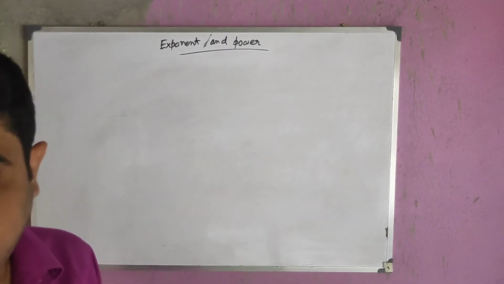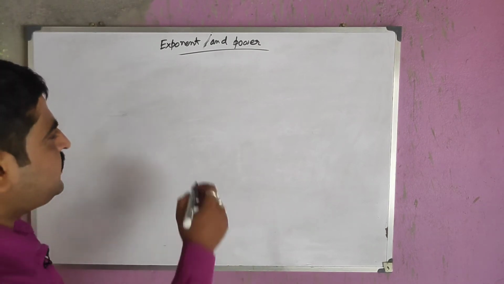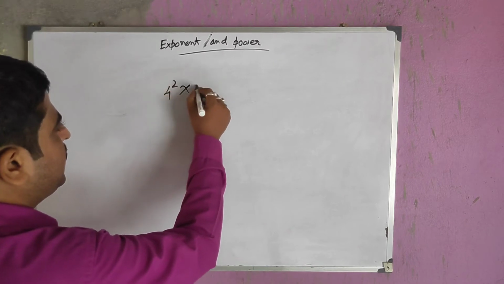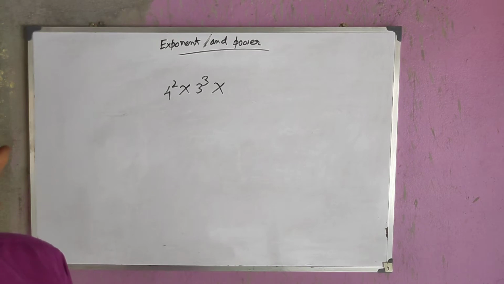Again simplify 4 square into 3 cube, 4 square into 3 cube into minus 1 to the power 122.